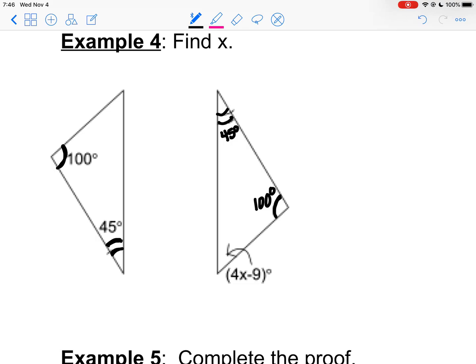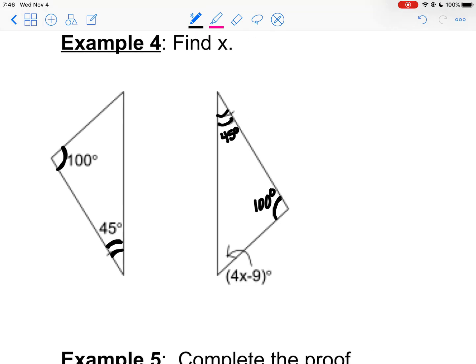So if I think about the triangle sum theorem, that theorem says that the three angles in a triangle add up to 180 degrees. So to find this third angle, I'm going to add together 100 plus 45, and then I'm going to take that away from 180 to find that extra angle measure.